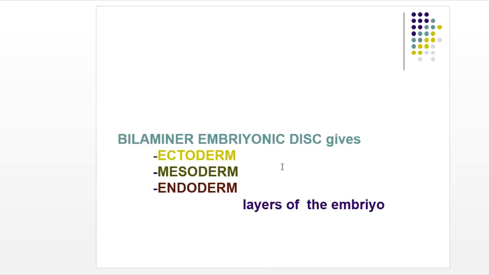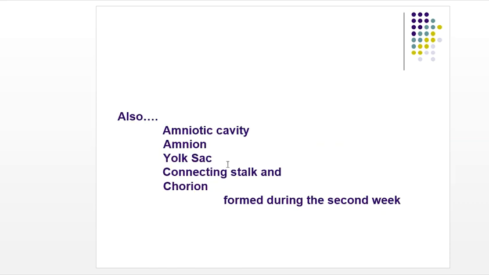In the more development, bilaminar embryonic disc gives ectoderm, mesoderm and endoderm layers of the embryo. I will talk about it in the next session in detail. And also the amnion cavity, amnion fluid, yolk sac, connecting stalk and chorion are formed during the second week.